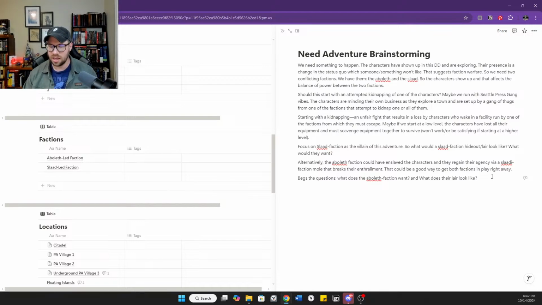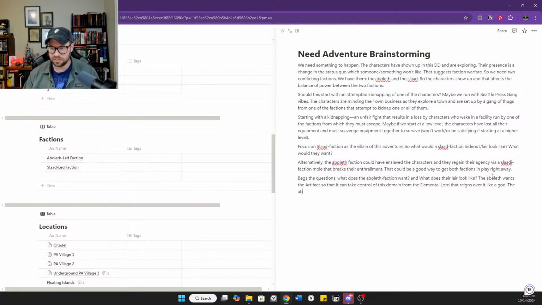So let's say the aboleth wants the, we're going to call it the artifact. We're going to capitalize it because we don't know what it is yet. Artifact. The aboleth wants the Artifact so that it can take control of this domain from the elemental lord that reigns over it, like a god.